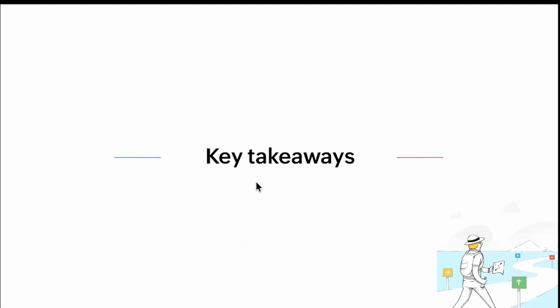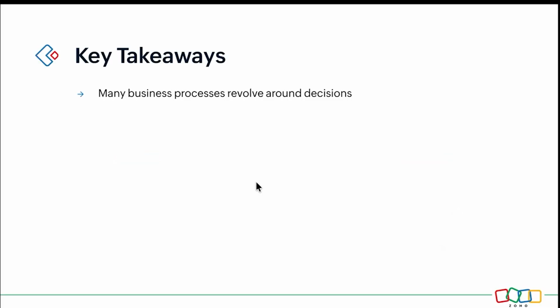So let me give some key takeaways before we conclude this particular session for the day. Many business processes revolve around these decisions. Almost all the industries or all the processes that you take, there will be a place where a decision-centric business process is involved. Whatever the place, we can make use of the same design that we created in Zoho Creator to automate that particular decision process.